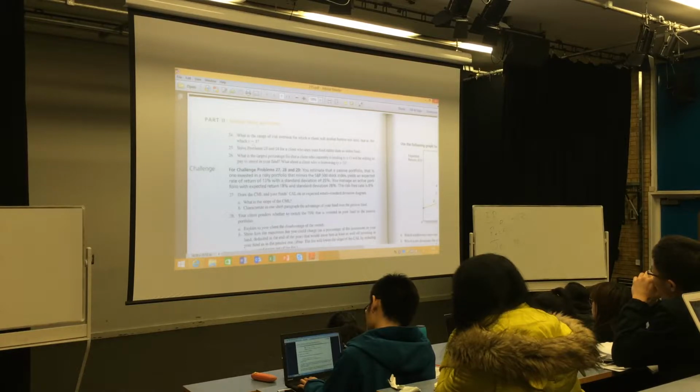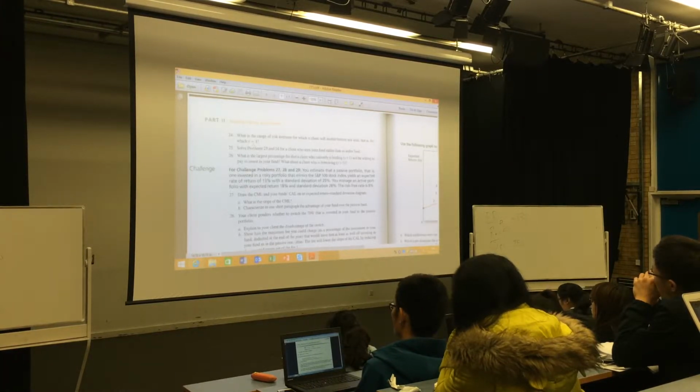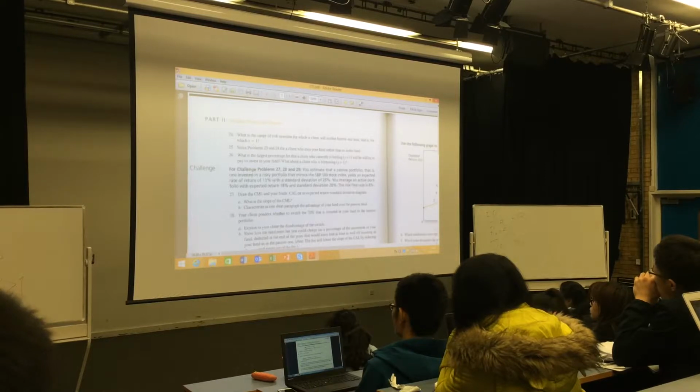So this means that minus 1 is lender, above 1 is borrower. So I want to know his range.